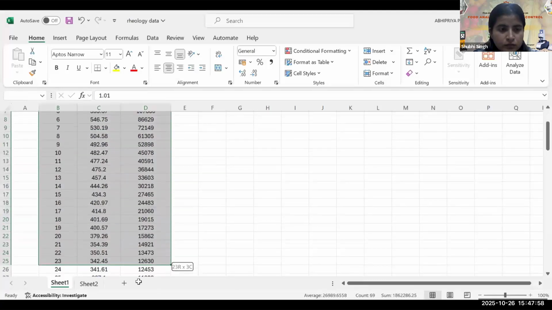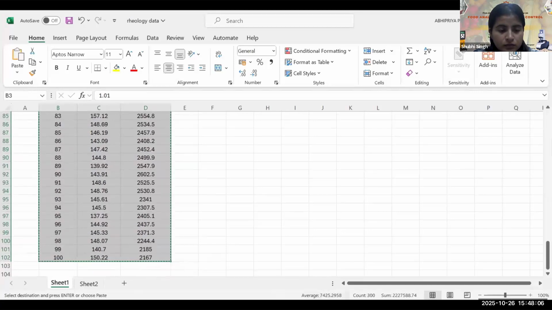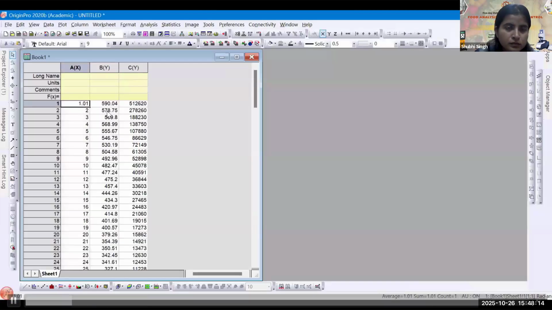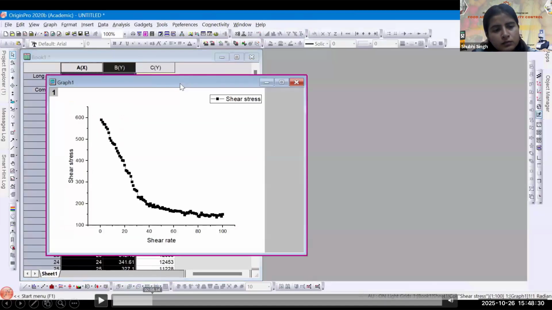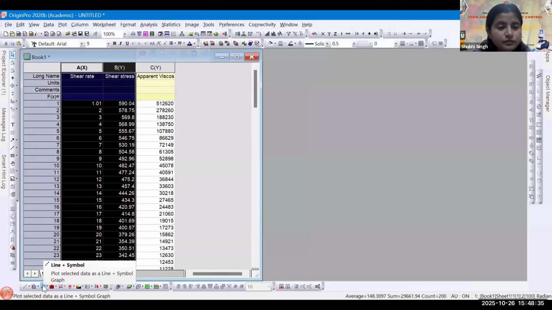I just copy the data from the Excel sheet to Origin. For graphs, I will choose this line and symbol.